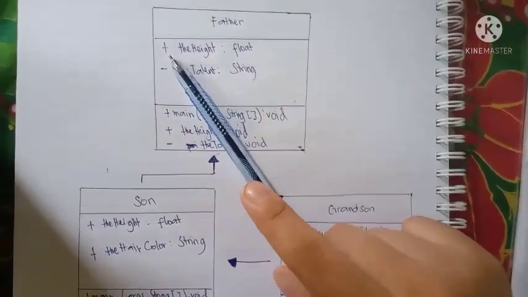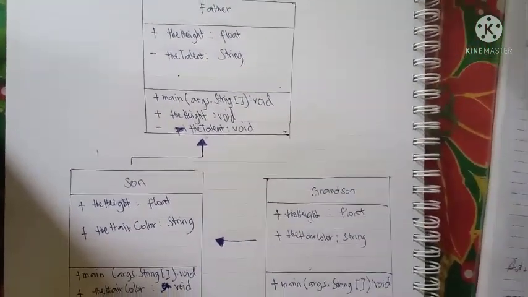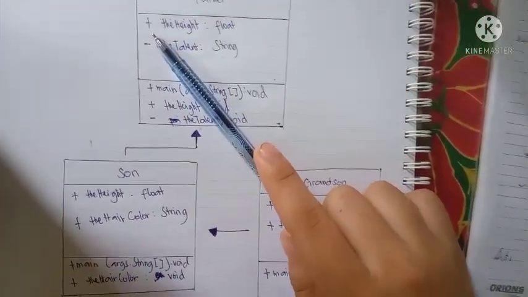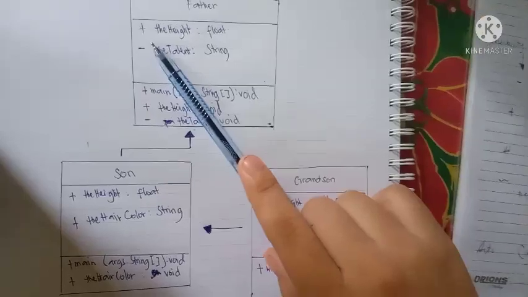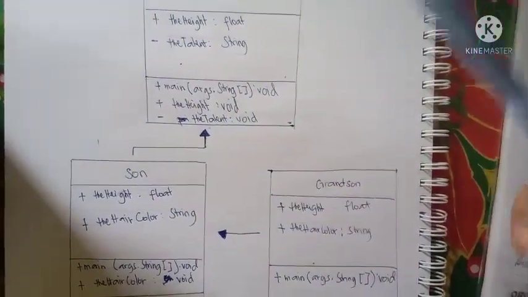So the plus is the visibility of your methods or your attributes. It means the plus sign is public and can be accessed by any other class.